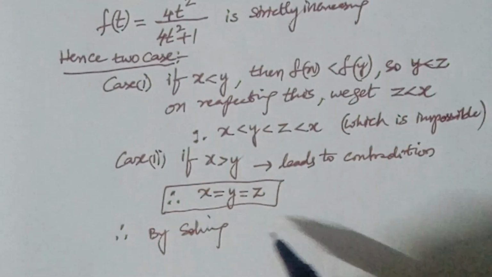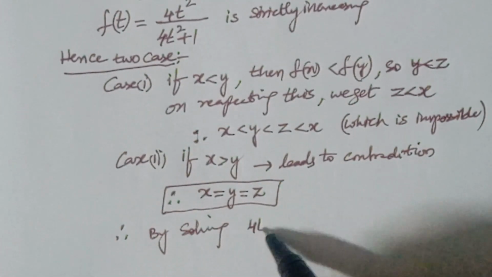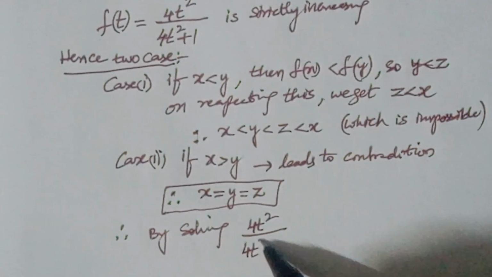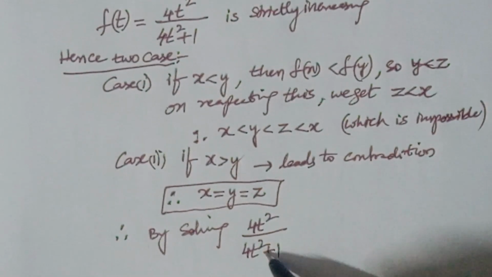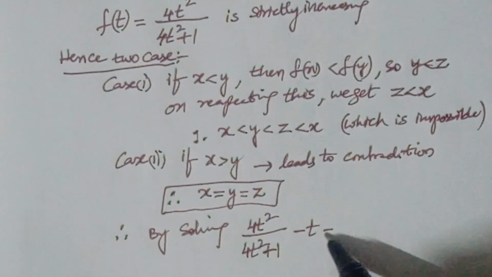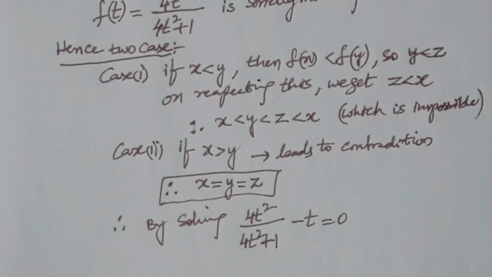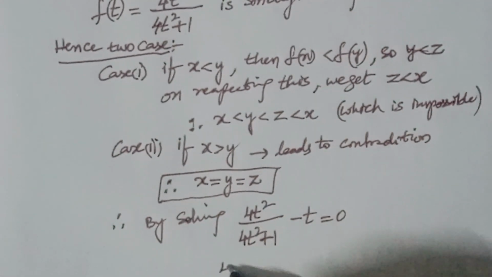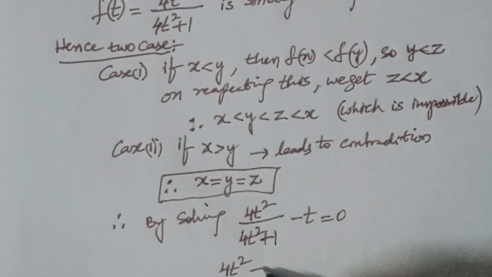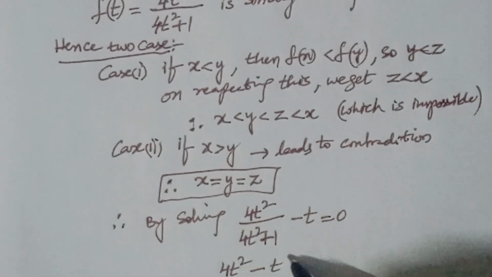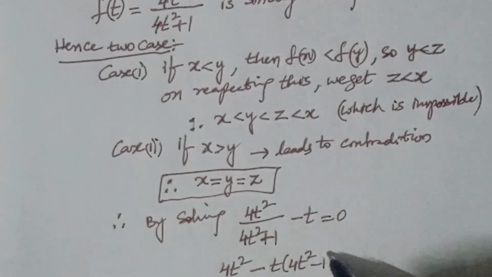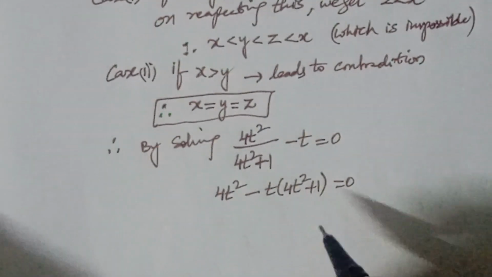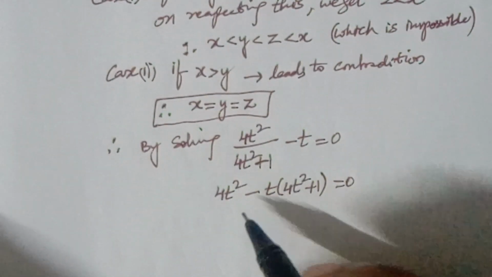4t² / (4t² + 1) minus t equal to 0, where we are taking all variables as t. So what will we get here? 4t² minus t(4t² + 1) equal to 0. Here you are checking whether we have any other roots.